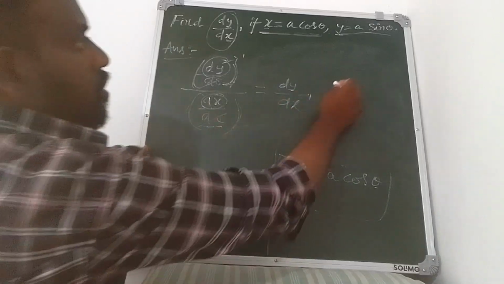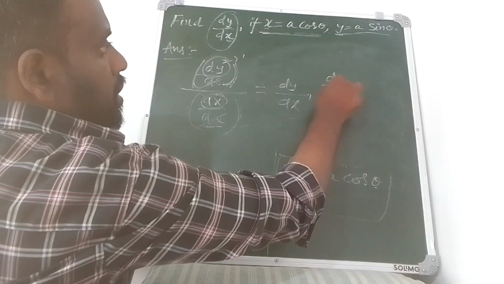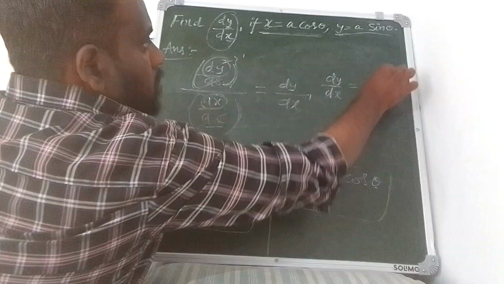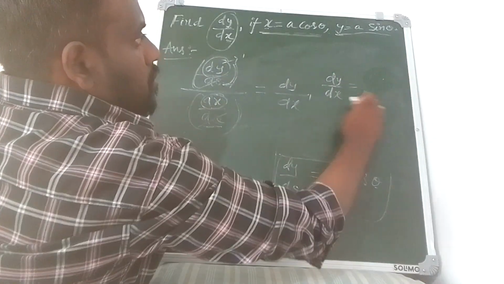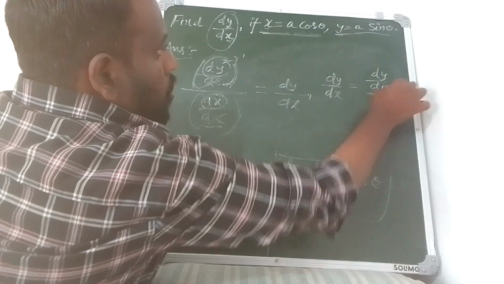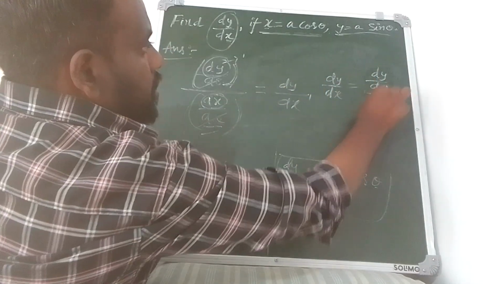So you understood. We can write dy by dx as dy by d theta, whole divided by dx by d theta.